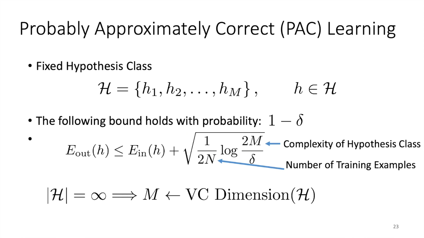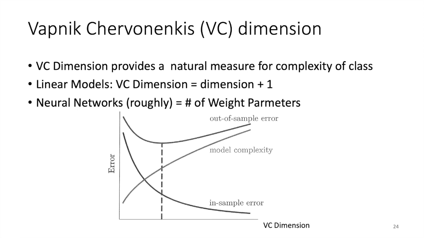And using that, how you're going to use a learning framework called PAC learning and VC dimension. How you're going to describe the complexity of your data set using a VC dimension, which is this line here. So this line represents the complexity of your data.